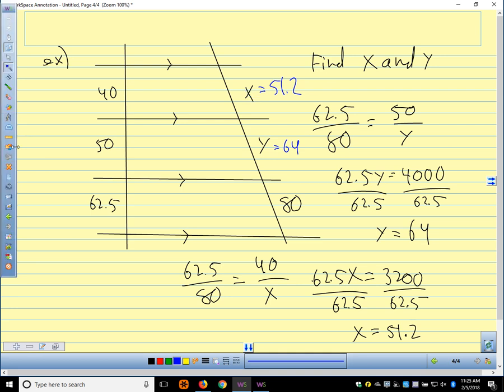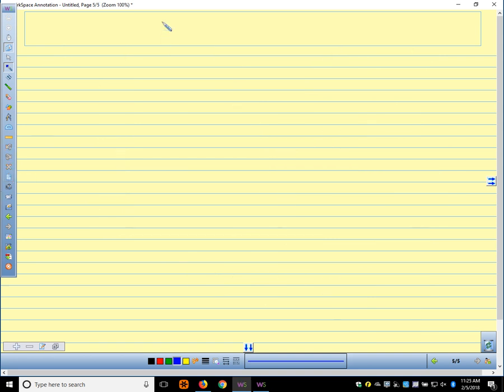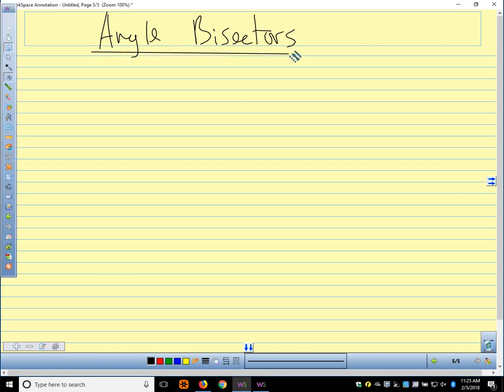One more way that we can set up proportions with triangles is with angle bisectors. Angle bisector.